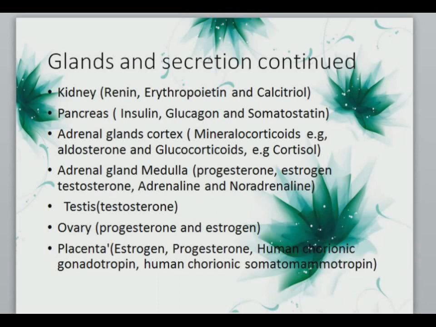Example is cortisol. Then the adrenal gland medulla secretes progesterone, estrogen, testosterone, adrenaline, and noradrenaline. I want you to bear this in mind. You might come across some literature that says epinephrine and norepinephrine. This is also correct.